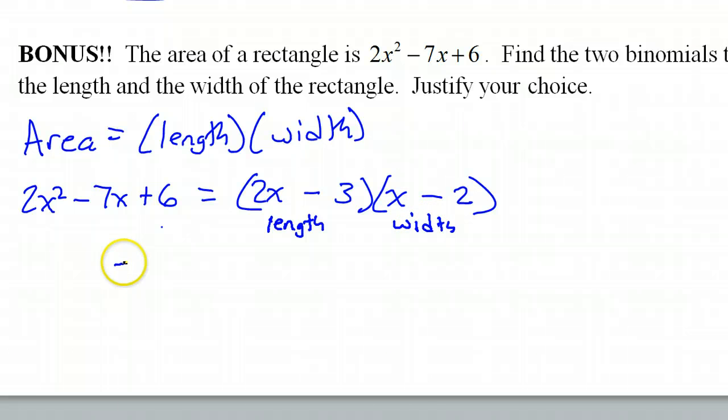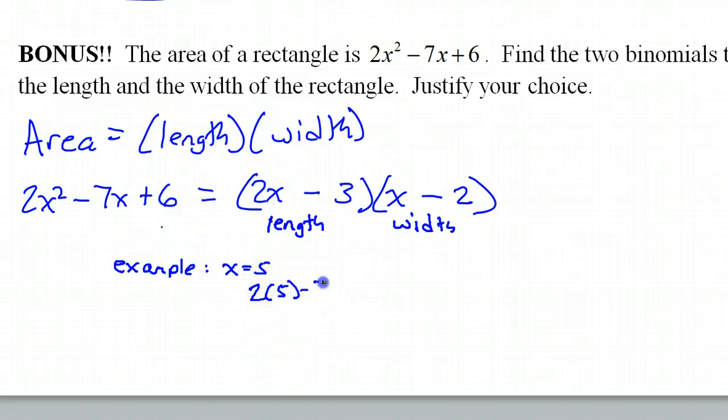And, you know, for example, if we let x equal 5, then 2x minus 3 becomes 2 times 5 minus 3. So that's 10 minus 3, which is 7.